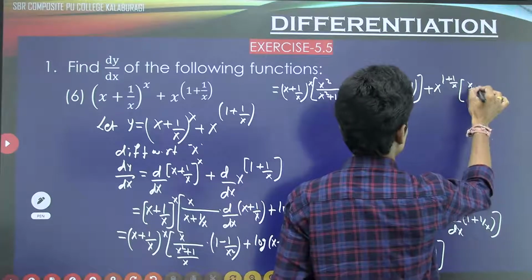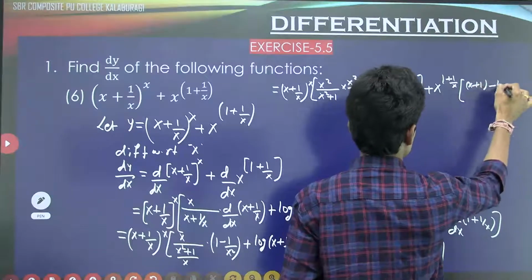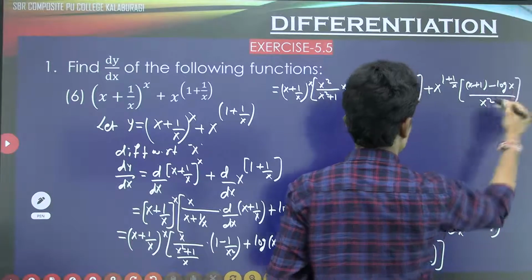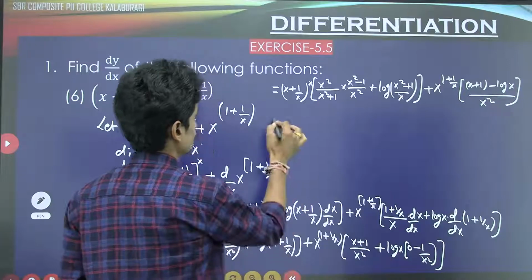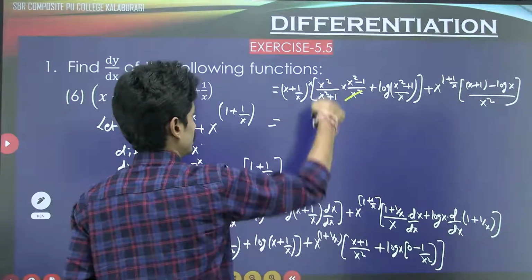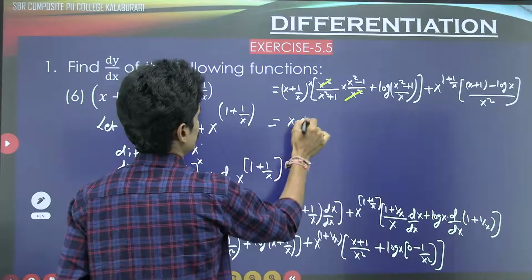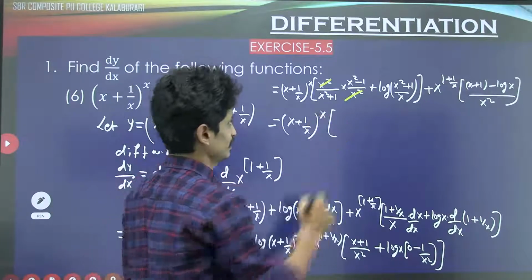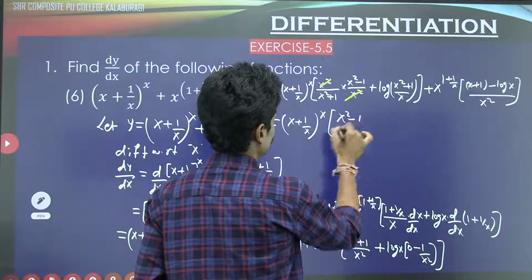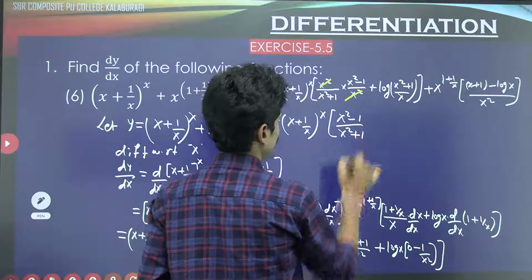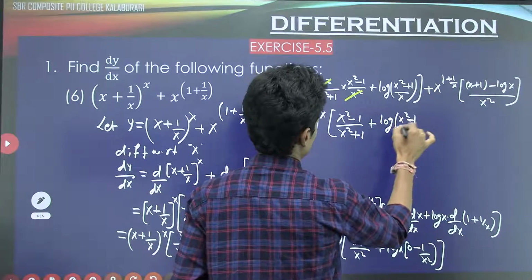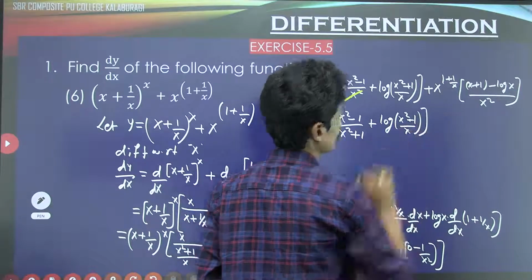That is x plus 1 minus log x divided by x square. The final answer: this x square and x square cancel. So x plus 1 divided by x whole power x, and inside the bracket x square minus 1 divided by x square plus 1 plus log of x square plus 1 divided by x, close the bracket.